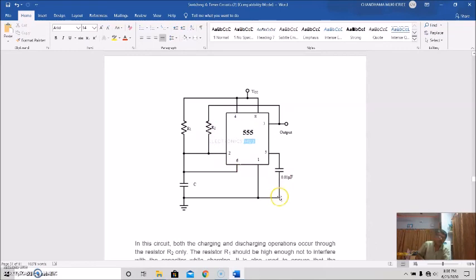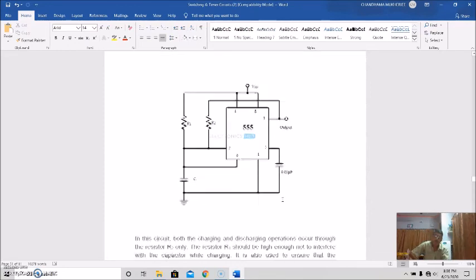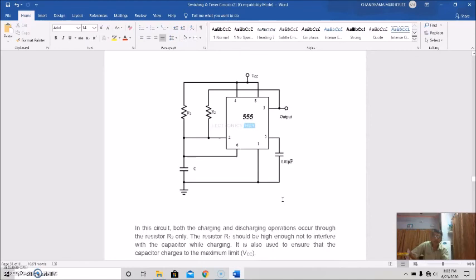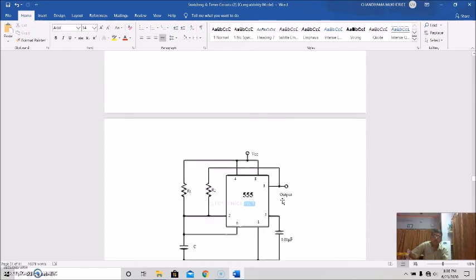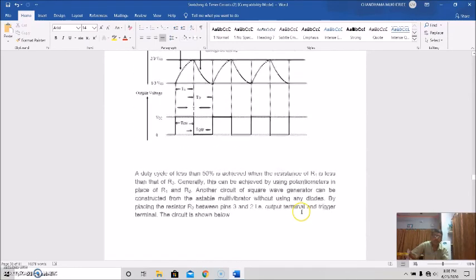So this is another circuit for square wave generation.